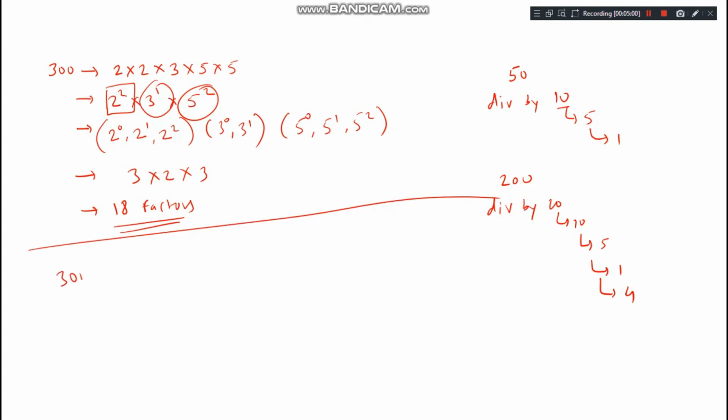I can make it look like a very simple process. See, write down 300 as 2 square, 3 to the power 1 and 5 to the power 2, and then simply add 1 to every power. So it makes it 2 plus 1 is 3, 1 plus 1 is 2, and 2 plus 1 is 3, and that gives you 18.